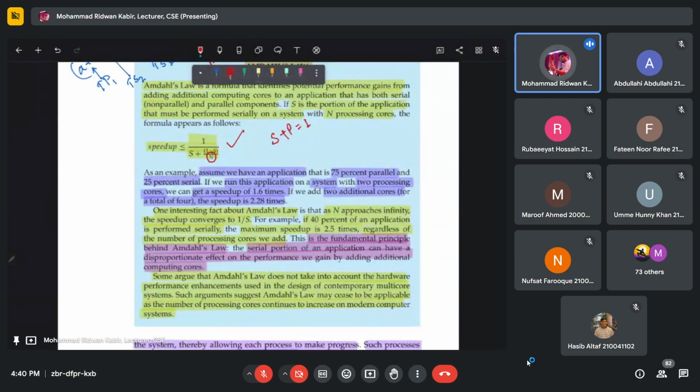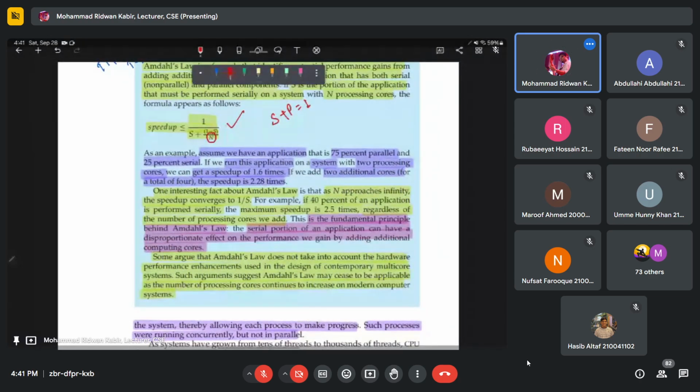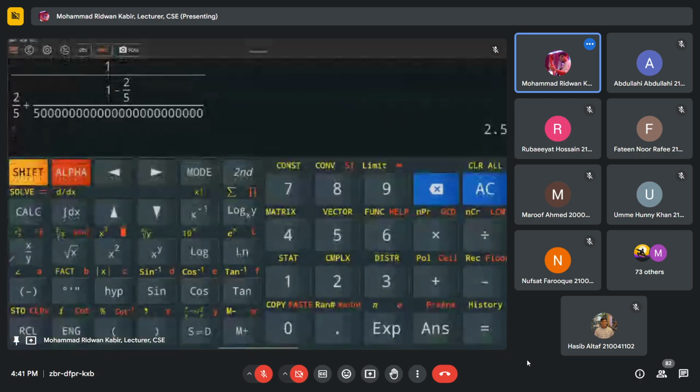So this is the working principle of Amdahl's law, and it says that the value of n that we saw, let's say it was more than 50, 500,000, we can consider that it is approaching infinity in this particular context, right? So as the value of n approaches infinity, the speed up converges to 1 upon S. Can you tell me why? Look at this.